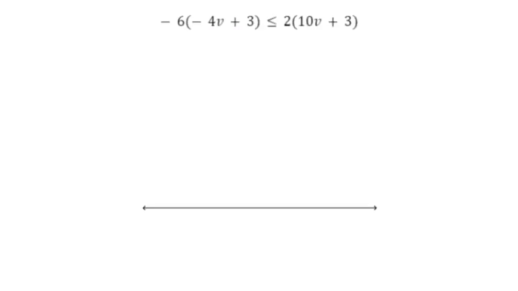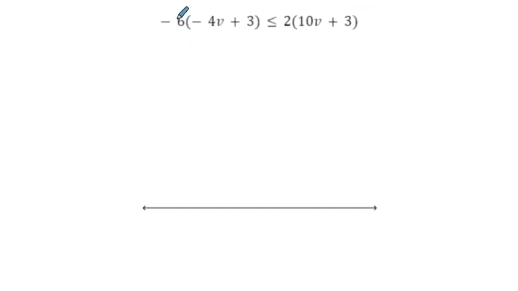All right, now this one is going to be kind of the same thing, except we have some distribution to do first, right? So let's remember what we do with distribution. Take this term outside the parentheses, and you multiply it by both of them on the inside, and we're going to have to do that twice.